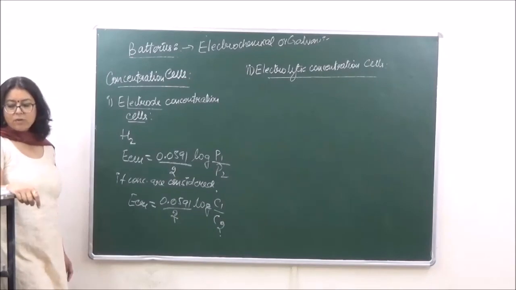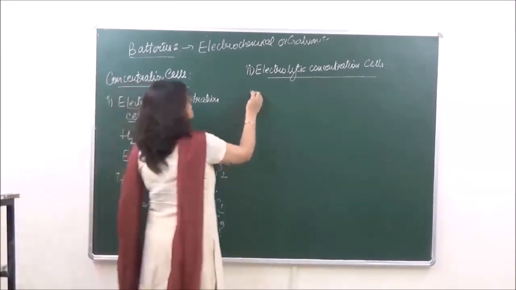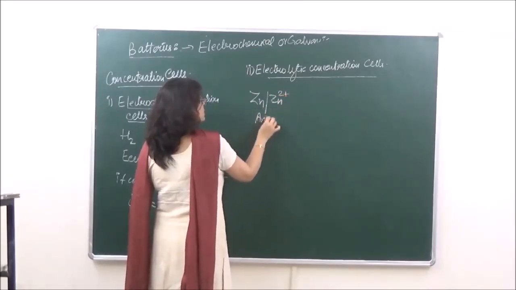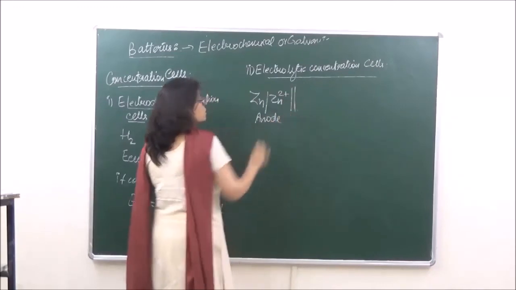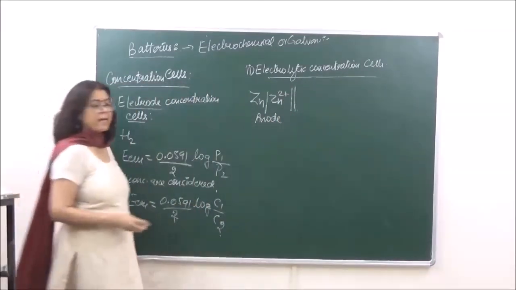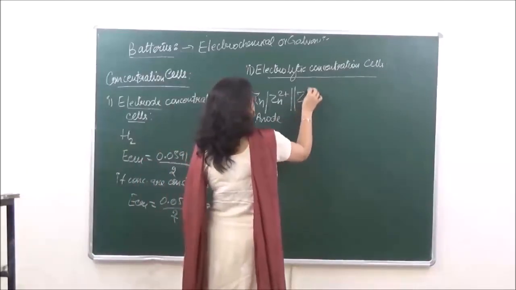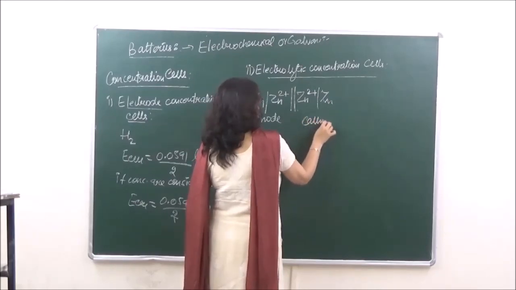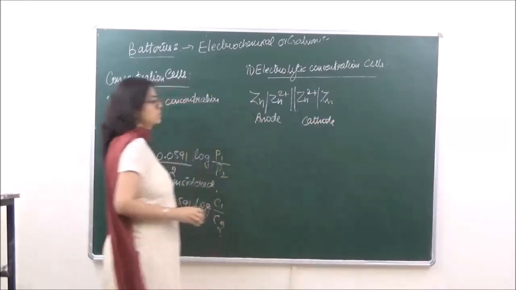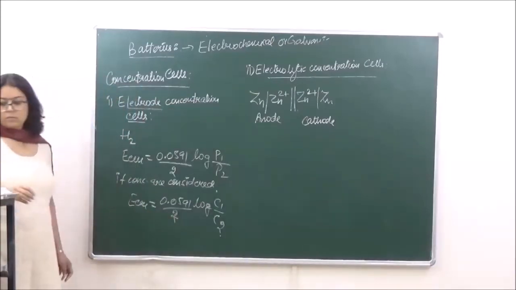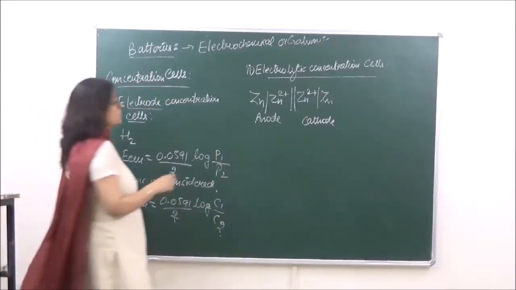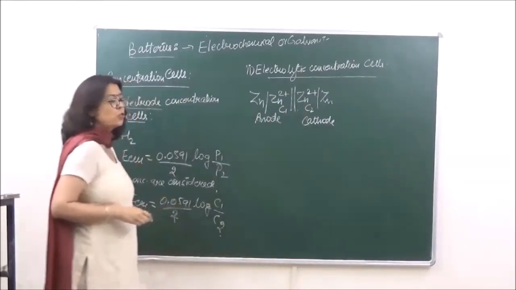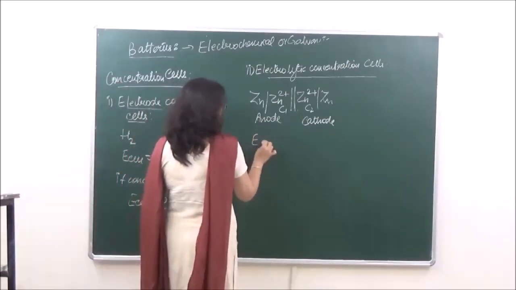So let's take a cell where we are taking zinc as the anode. They are connected through a salt bridge and zinc only is taken as the cathode. Let's say the concentration at the anode is C1 and the concentration at the cathode is C2. So what is going to be the E cell over here?